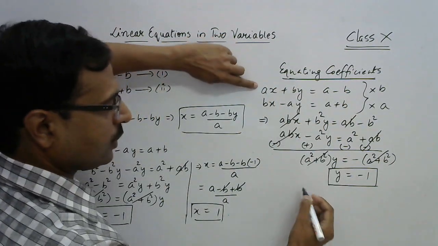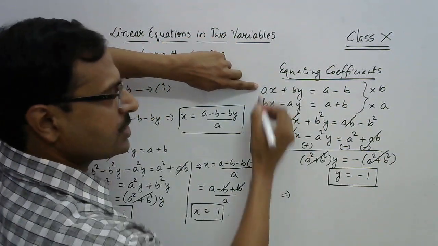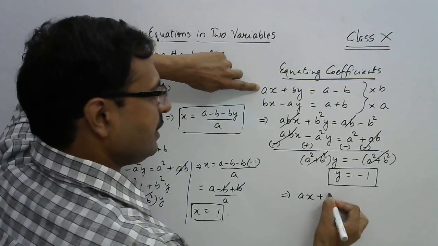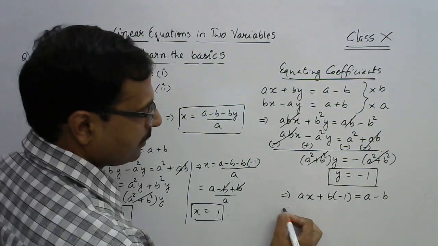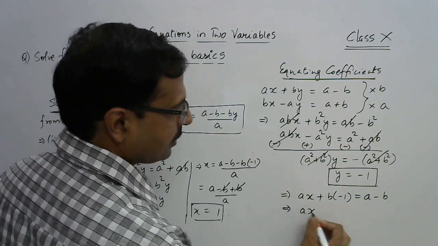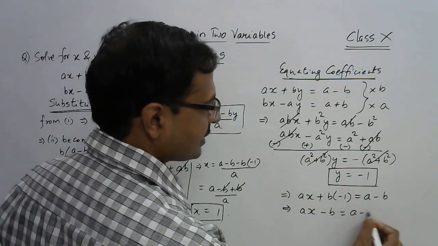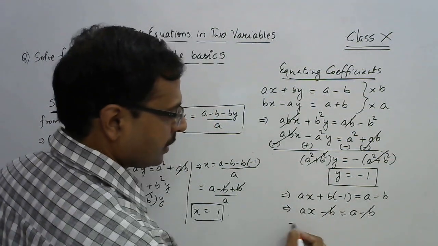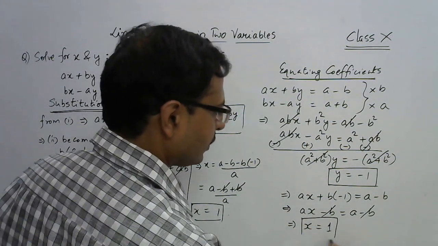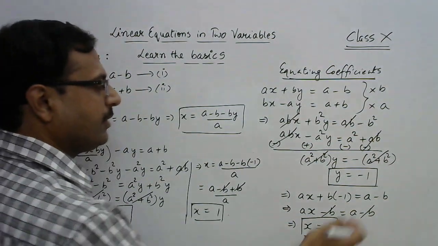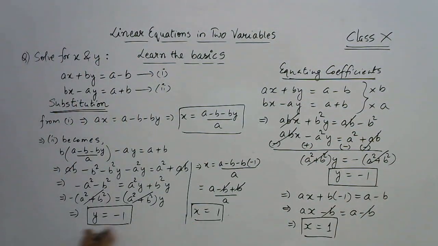So I am substituting it in the first equation. So ax plus by, y is minus 1, equal to a minus b. So simple calculation here, minus b equal to a minus b, so minus b gets cancelled, x comes out to be a upon a, that is 1. So the same answer, x equal to 1, y equal to minus 1, which was obtained here.